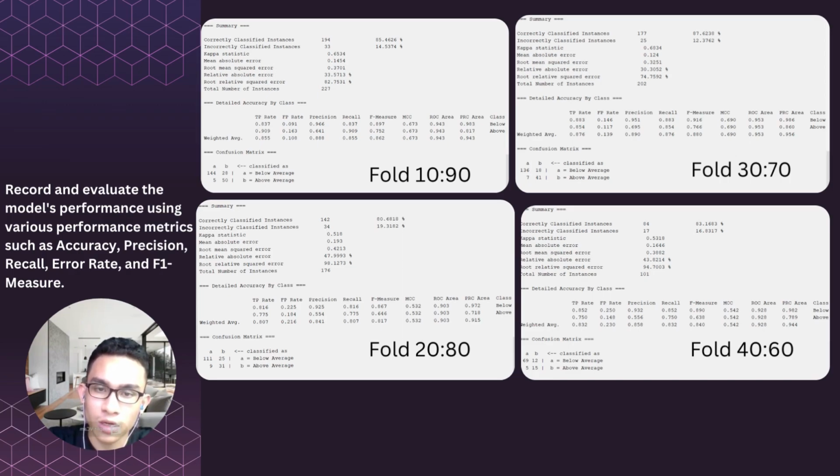In this part, we're using a word cloud as our solving tool in the model evaluation process. Throughout this process, we just insert all the four ratios that we stated in the previous model algorithm, and the recall displays all the results, including the accuracy, precision, recall, error rate, and F1 measure.